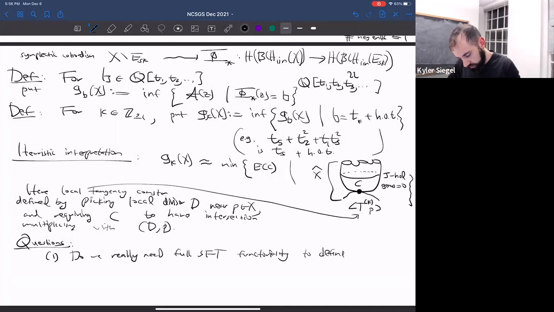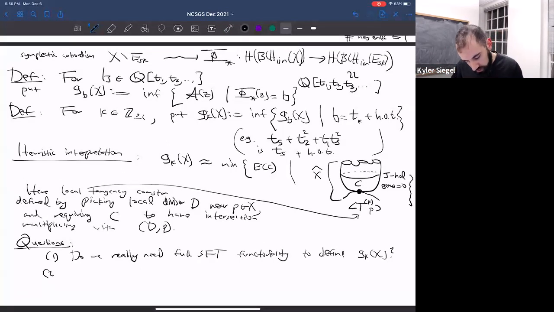In other words, we're invoking all this SFT functoriality to make this definition, but ultimately it seems like the capacity should just be involving J holomorphic curves, for some choice of J. So you might ask whether you can take a shortcut and make some direct definition.